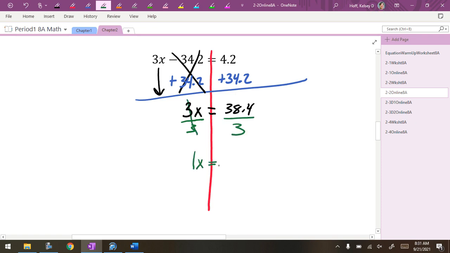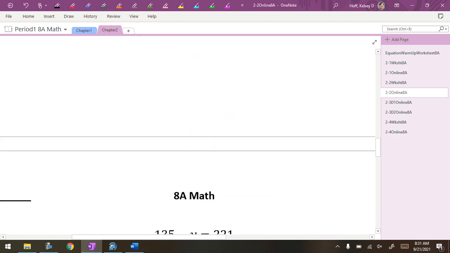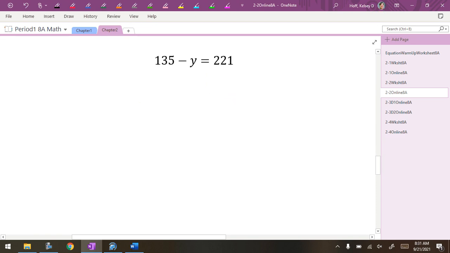I end up with 1x equals, Jack? Anybody else get 12.8? Nicely done. Okay, I haven't shown you anything scary yet, right? Good. One left. And this one's not really scary, but it's a little bit different than what we've seen.